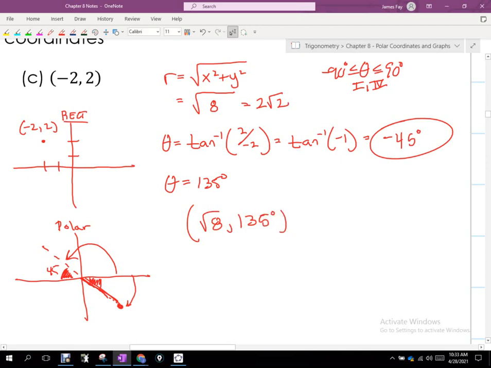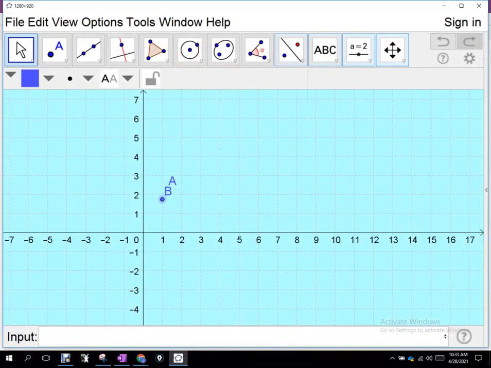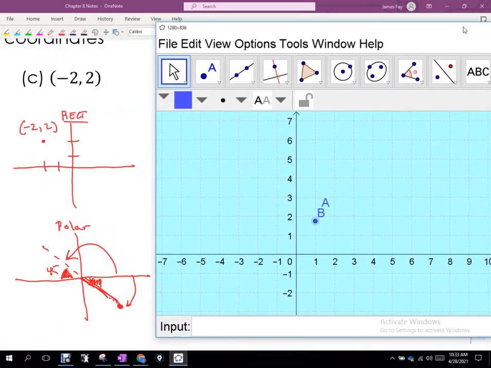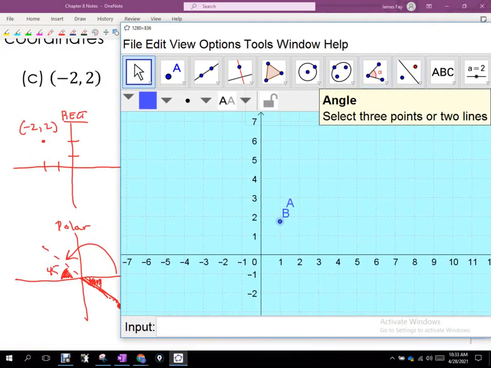Okay? Generally, that's the best answer for the mere fact that theta is between 0 and 360, as well as r being positive. If I graph negative 2, 2, we want that point there. If I were to graph square root of 8, negative 45.